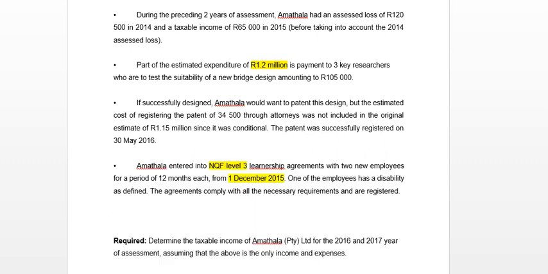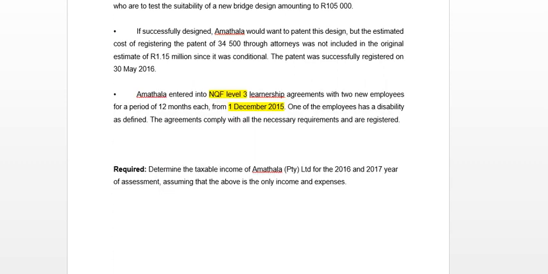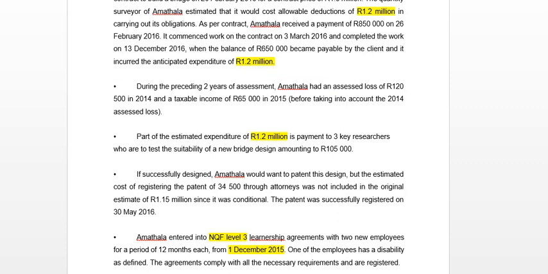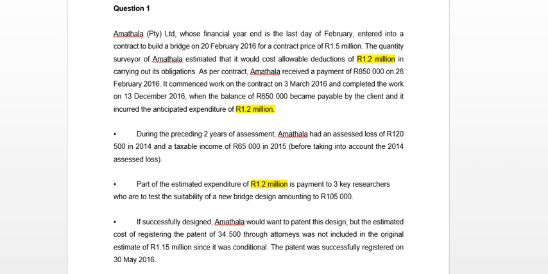The requirement says determine the taxable income for the 2016 and 2017 years of assessment, assuming the above is the only income and expenses. So we need to calculate taxable income for both the 2016 and 2017 years of assessment.